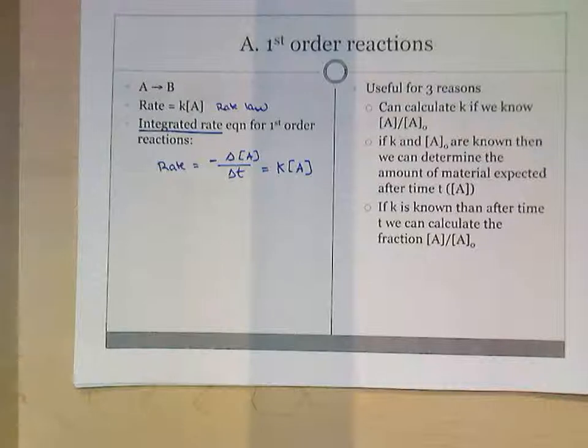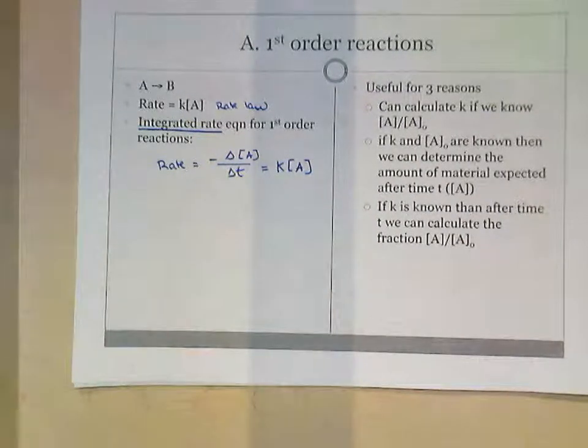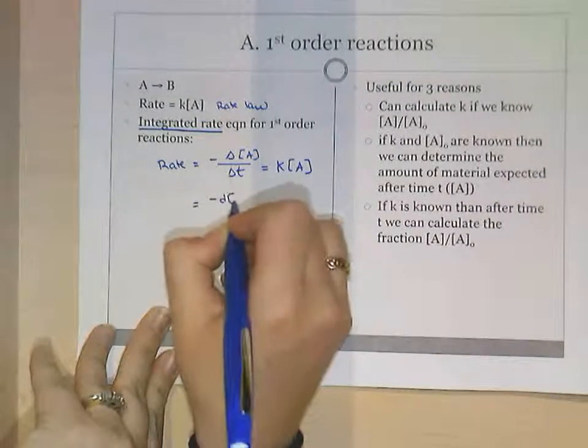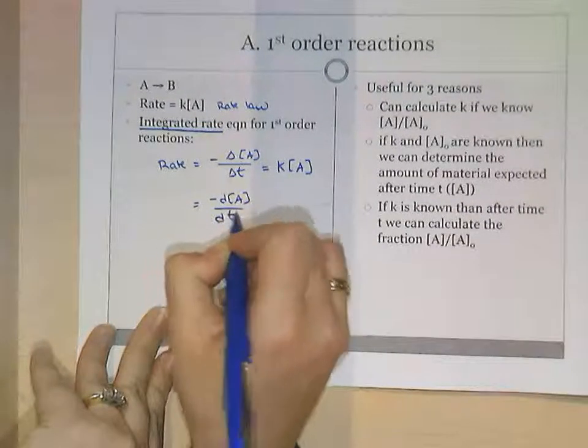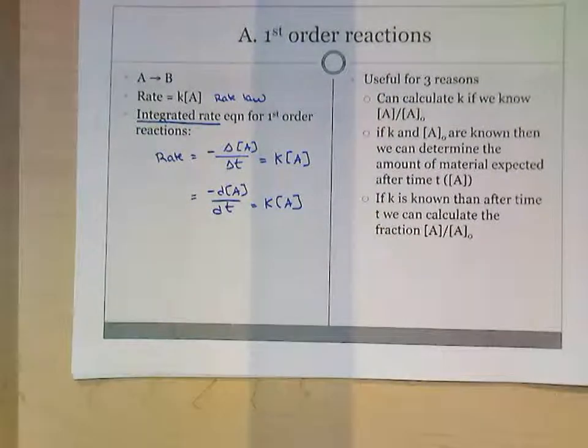For those who have taken calculus, big D, big delta is big change in. Well, if I want to do just a little change in, what letter does that get? Little d. Okay, what do you do when you want to get rid of those little d's in calculus?